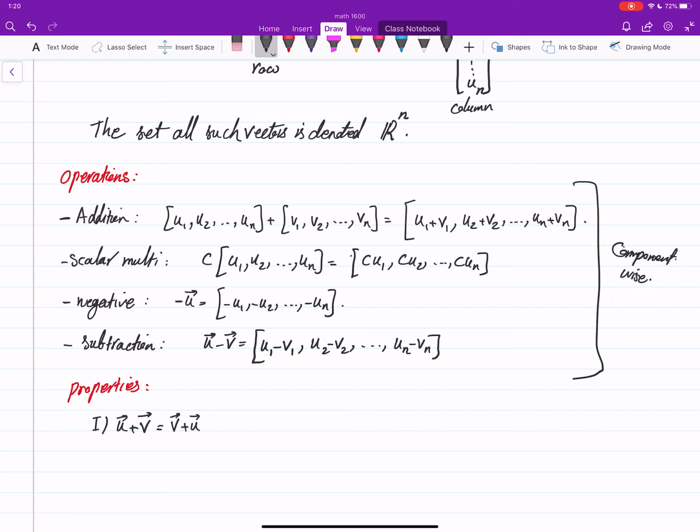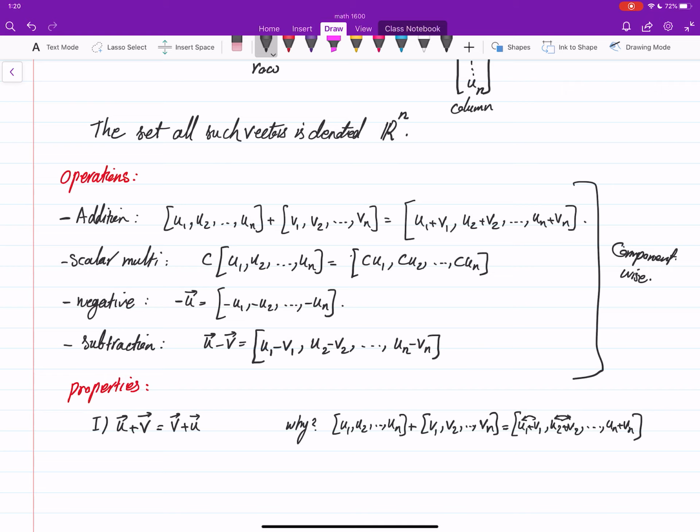Why is this the case? If you add u1, u2 up to un to v1, v2 up to vn, then this gives us u1 plus v1, u2 plus v2, and this goes to un plus vn. Now that it's down to the components, these are just numbers.